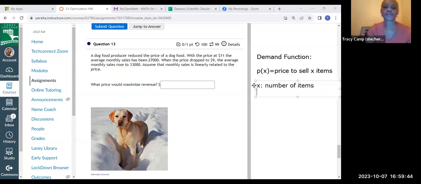And then little p of x represents the price to sell X items. And revenue is basically defined as the number of items times the price for each item.